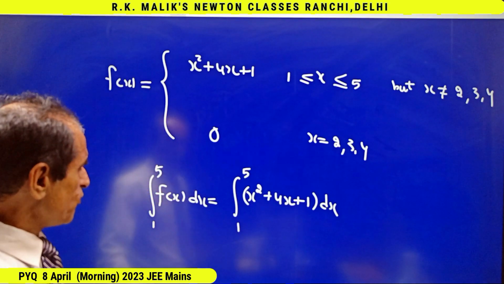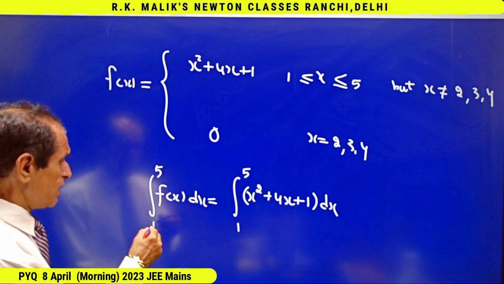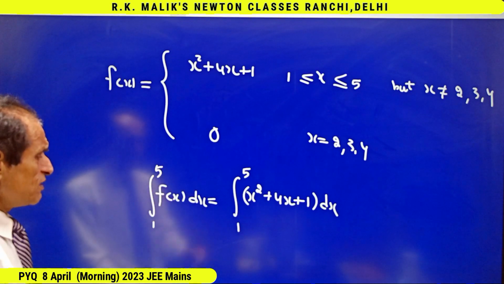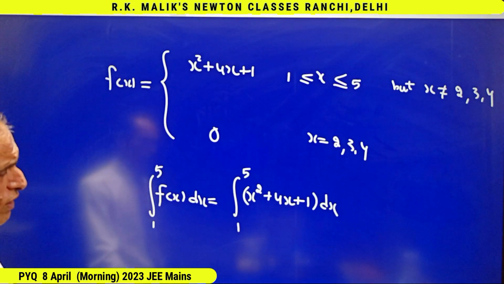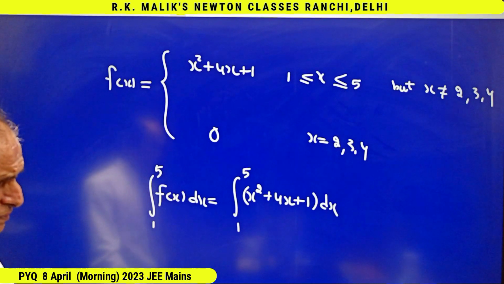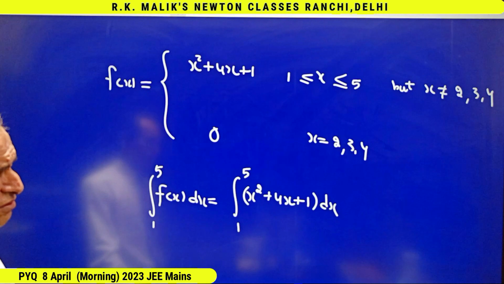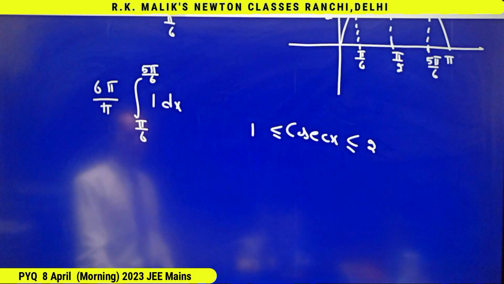I just want to tell you that in some question, as x varies from here to here, if the value of f(x) abruptly changes at some discrete points, we can always ignore those points. There is no harm in ignoring those points. The answer will always be correct. For the complete theory of why ignoring points creates no problem, you will have to see my video lecture on definite integral. Same thing is here.